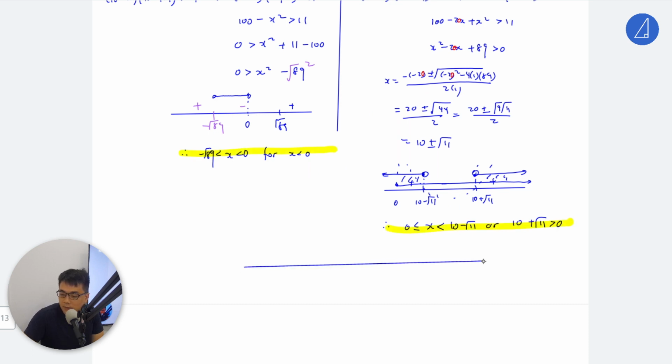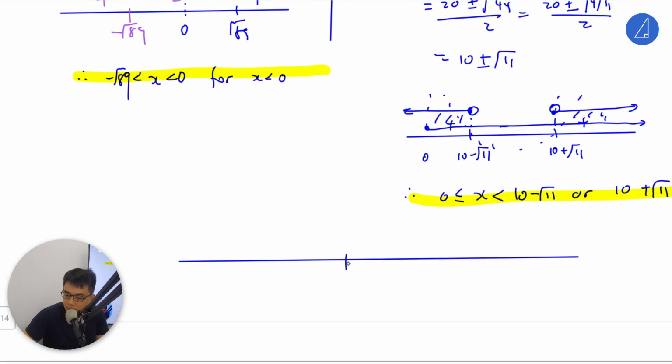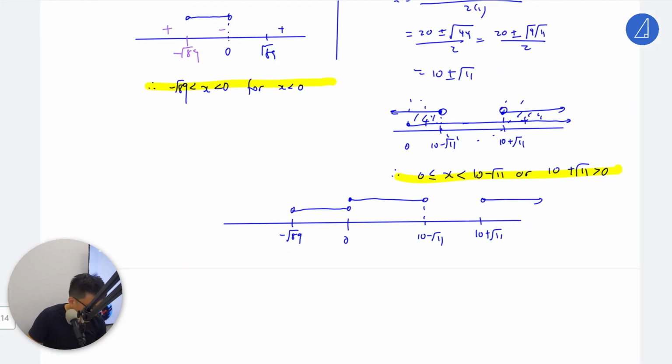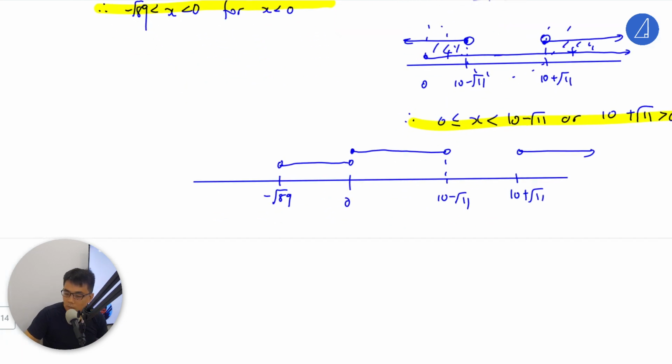So this case will be, combine them. Okay, that's it.